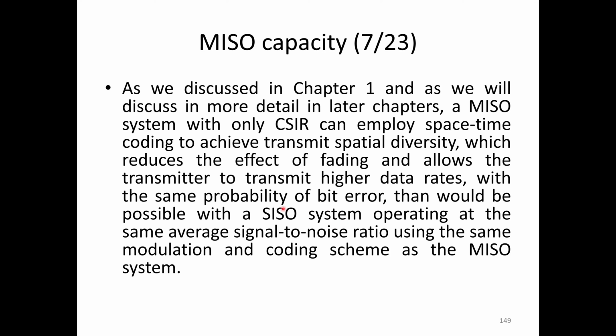So the probability of bit error, that is BER, is the same, the average SNR is the same, the modulation is the same, and the coding, here meaning channel coding or error correction codes, should be the same.